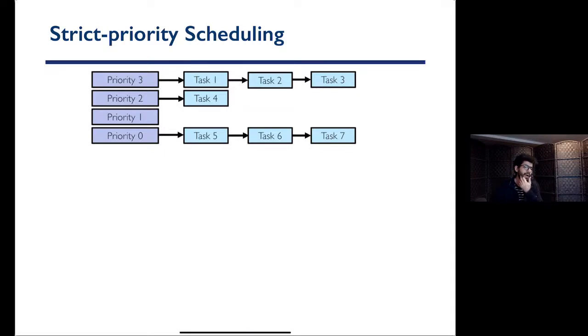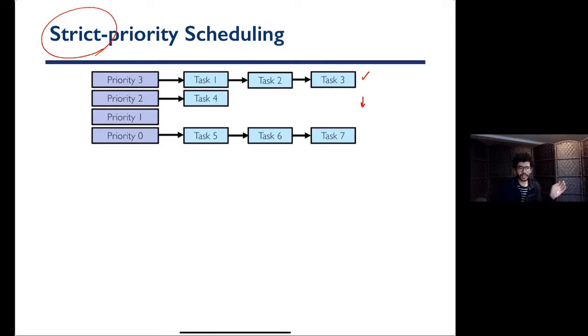So you have a set of priorities and you want to prioritize tasks with higher priority compared to the lower priority ones. The reason that there is a strict here, it means that as long as you have high priority tasks, you're not going to run the low priority ones. So that's where the strictness comes.